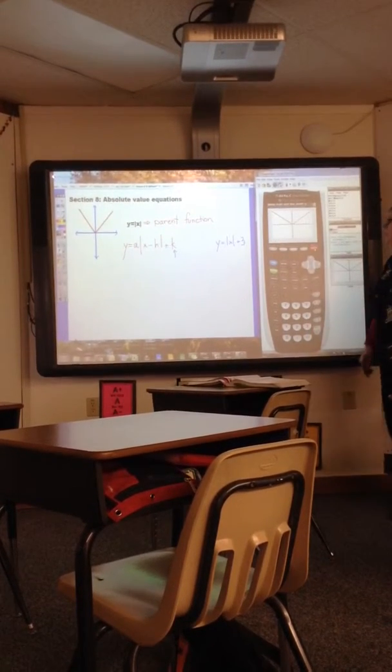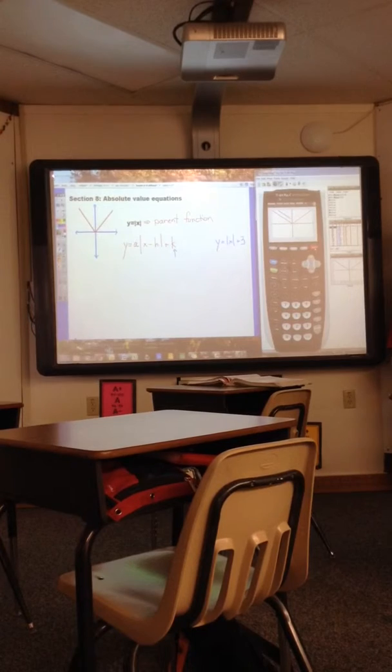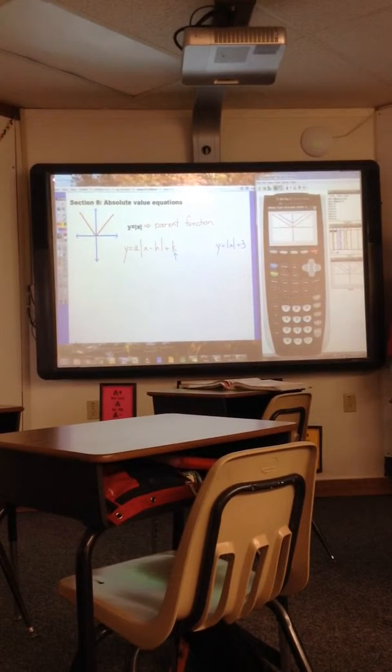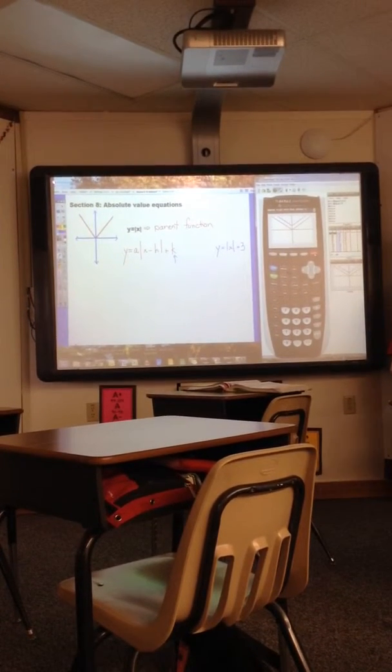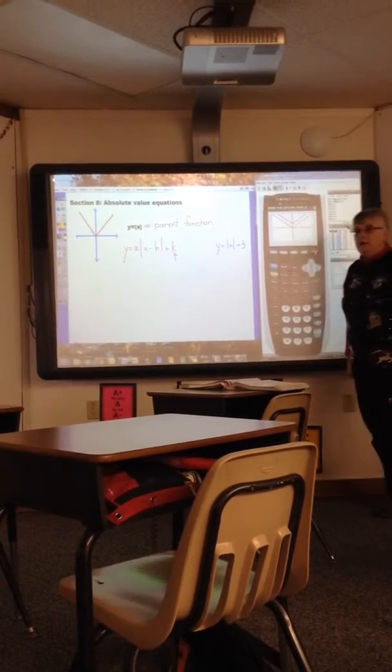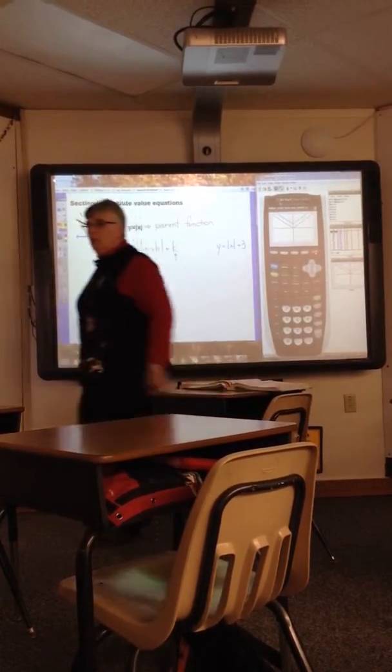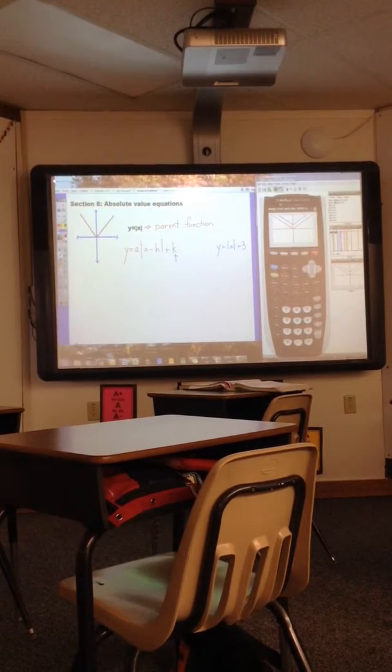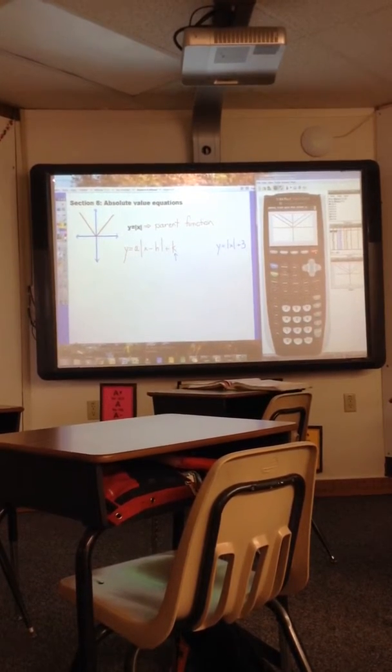Then hit graph. What did that K do to my function? The blue function is the one I just created. What did it do to the curve? You didn't close your parentheses.